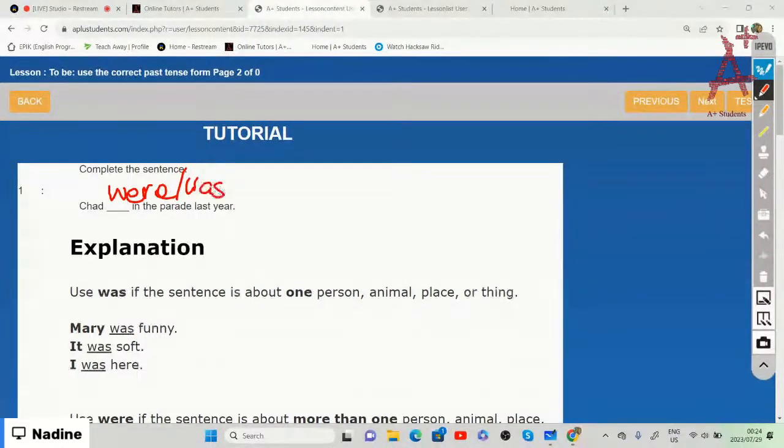So Chad, oopsie, not was or were. Let's remove the was, just was. Chad was in the parade last year. And why did we choose was? Because we're only referring to one person.